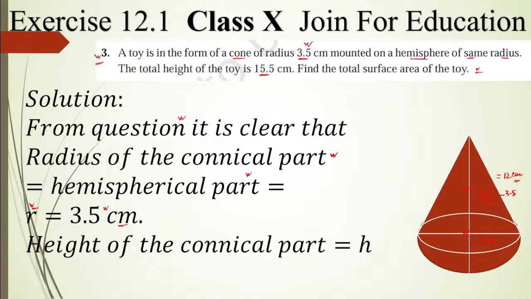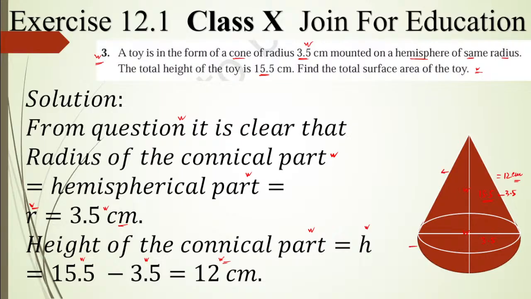And height of the conical part, which is generally denoted by h, equal to 15.5 minus 3.5 equal to 12 centimeter. To find out the total surface area of the toy, we need the CSA of the conical part and CSA of the hemispherical part.